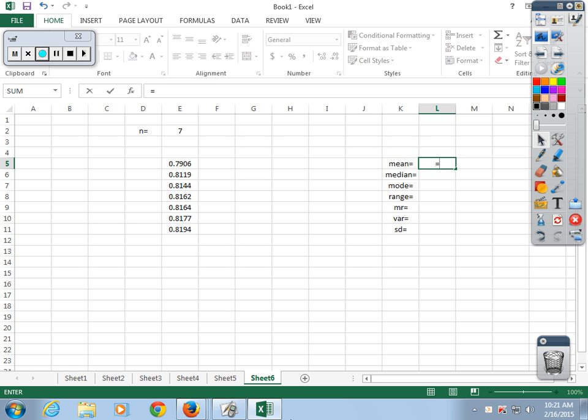So the mean is equal to the sum of all these guys divided by what? N. That's that number. Median. Well, N is 7, so that means this is an easy one.